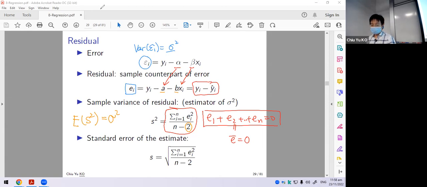Now I want to talk about hypothesis testing and estimation, okay? We can't go further if we don't make any assumption on the epsilon. Like before, we need to make sure that epsilon follows a bell curve, the normal bell curve, and then we can do a lot of stuff.